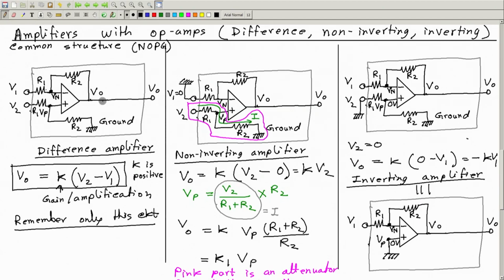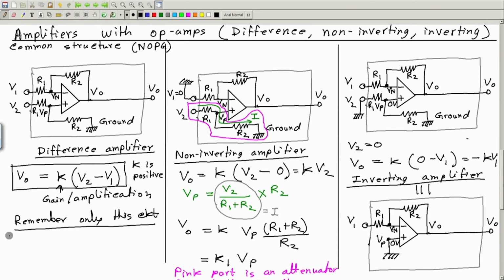Do not put a resistance here at the output. And you just remember that the similar resistances like this one and this one, which are connected to the 2 inputs, should have the same value R1 and R1. The other 2 resistances also should have the same value R2. So this is how to remember the circuit.